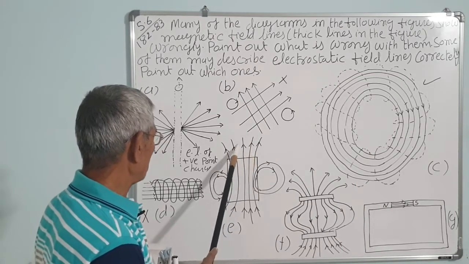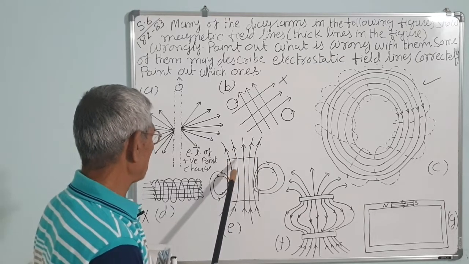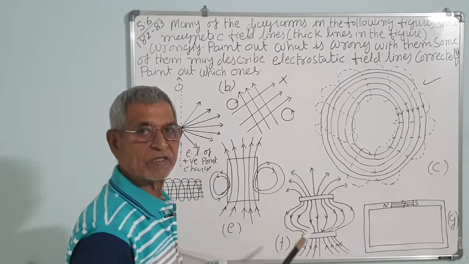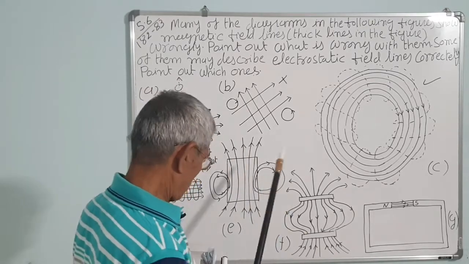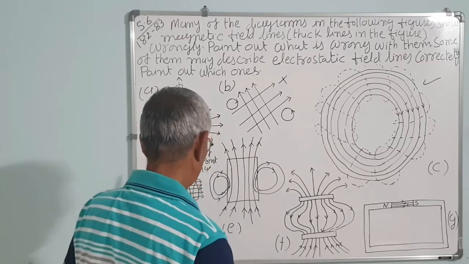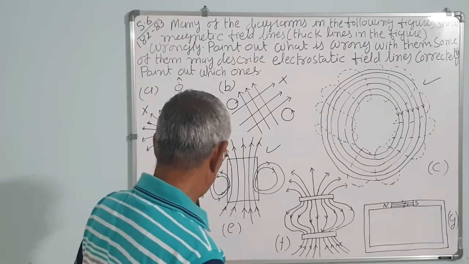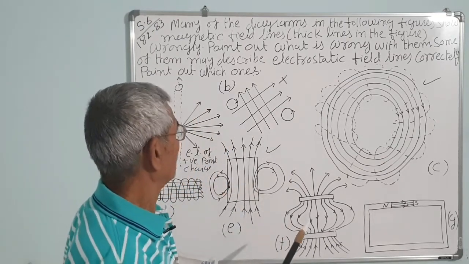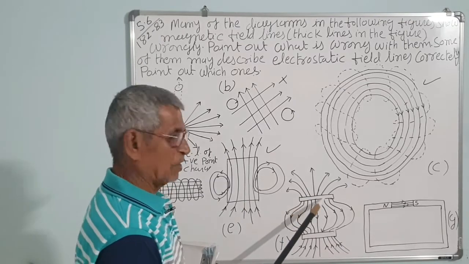So if you take the Gaussian surface, then the number of magnetic lines of force entering is equal to the number leaving, that is, net flux is 0. So this is also a correct one. E is the correct one. These are the magnetic field lines due to the bar magnet. Correct. Then next, F. This is also wrong.